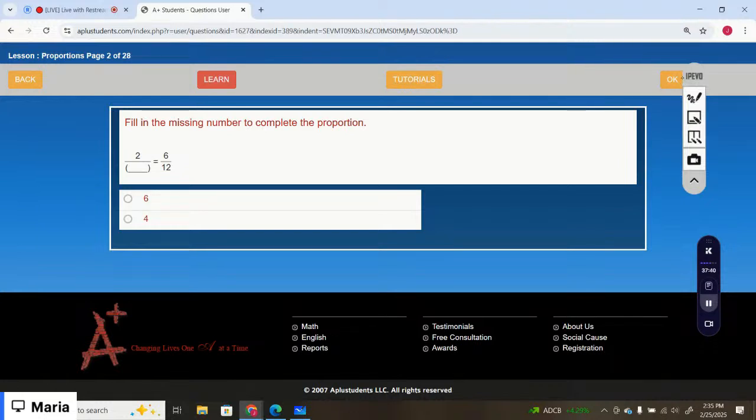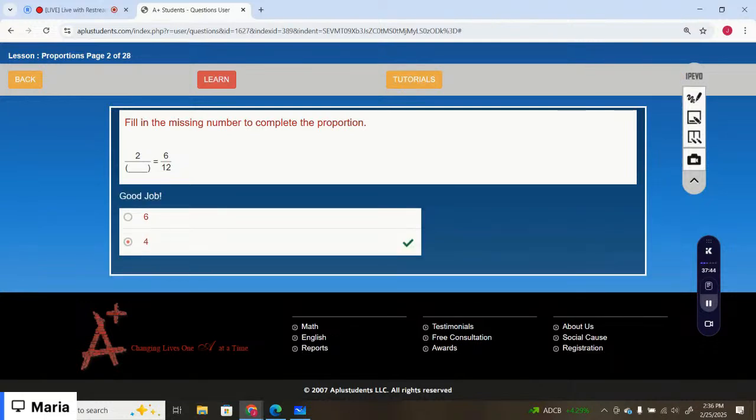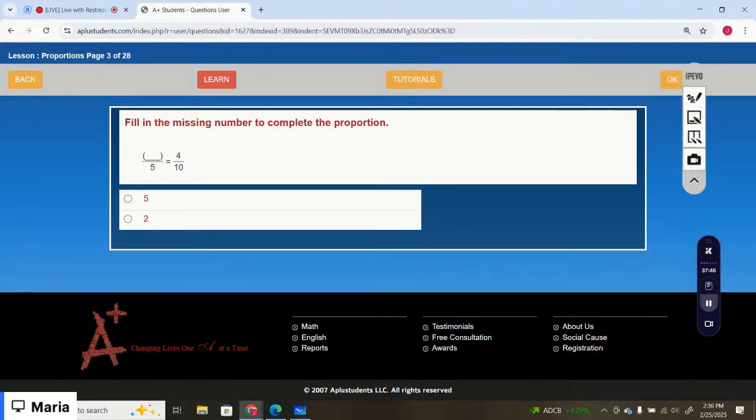So what number times 3 is 12? That is 4 times 3. Option number 2 is the correct option. 4 it is, not 6.